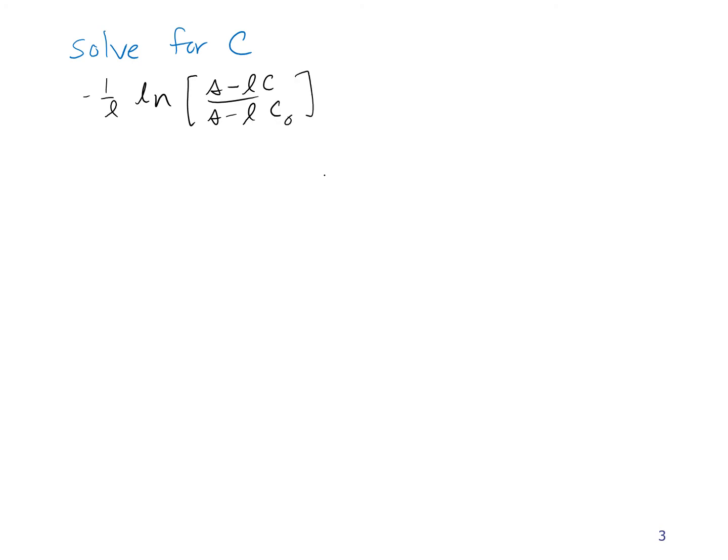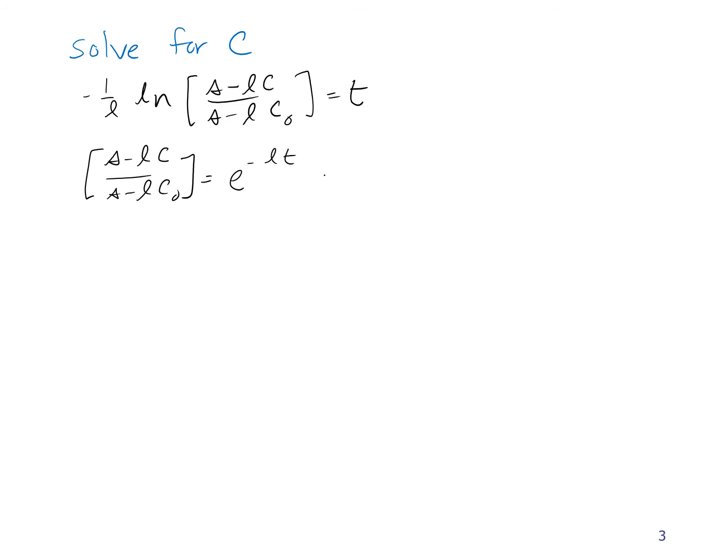So I subtracted the term on the far right-hand side, and then combined the logs. And that is equal to t. So now I can exponentiate both sides, and also multiply by negative L. So I have (s minus LC) over (s minus LC naught) is equal to e to the minus Lt.